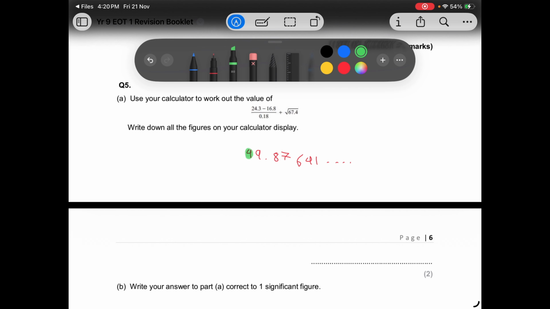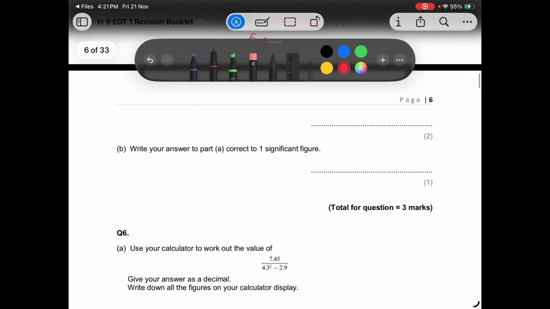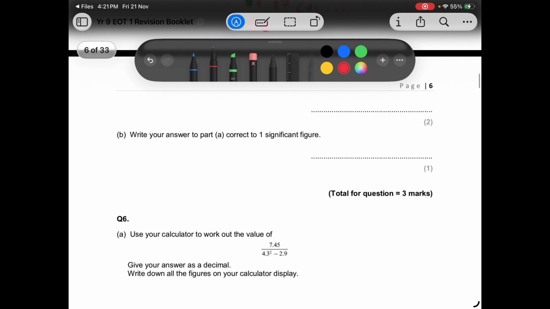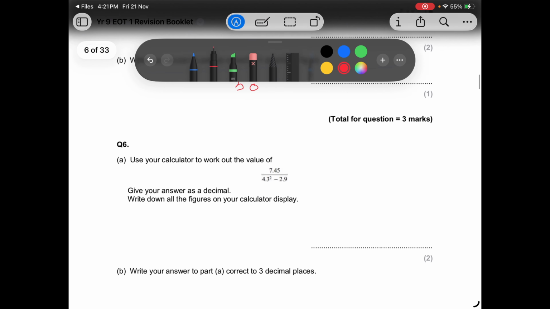The first one, 4, then look to the next one. Next one is 9. 9 is more than 5, so we will round up 4, so it will be 5. So it will be 50. Okay. So this may be part B. So one significant figure. The answer is 50.